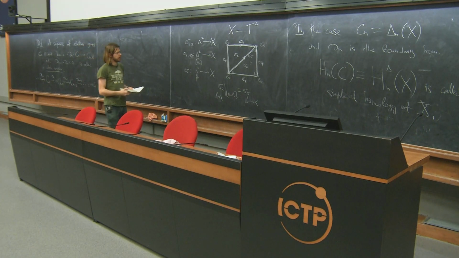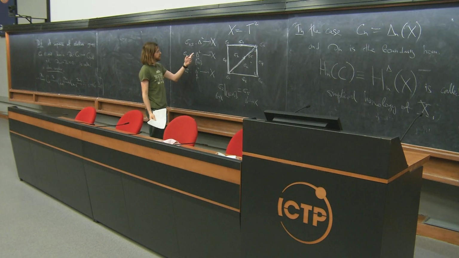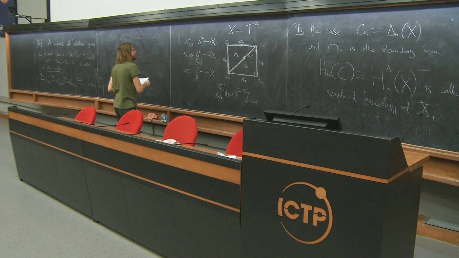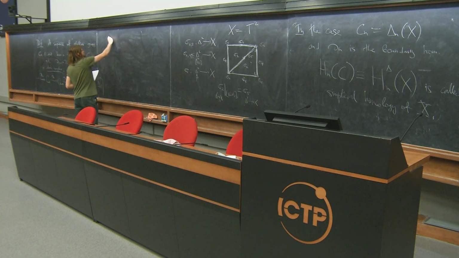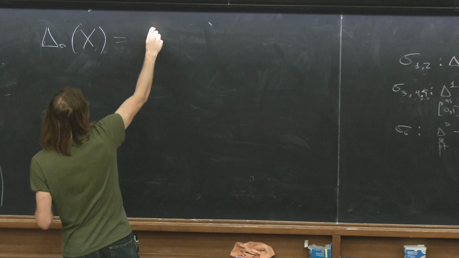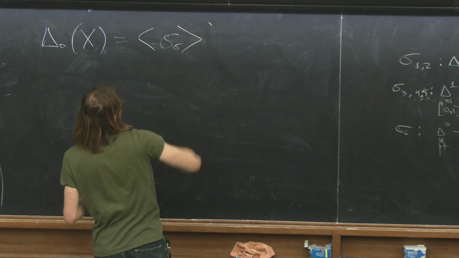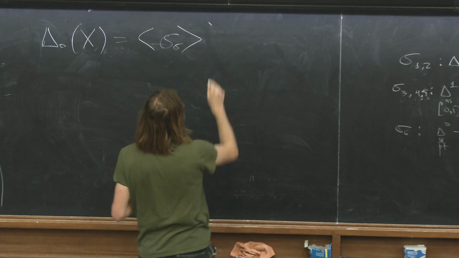Okay, we have only maps from 0 simplices, 1 simplices, and 2 simplices. In particular, the group delta 0 of X in this case is just generated by a single element sigma 6.